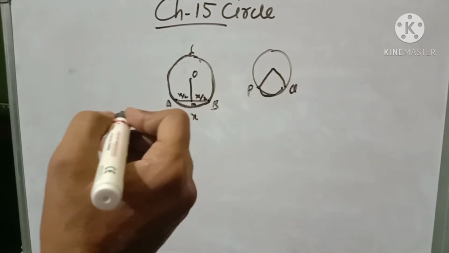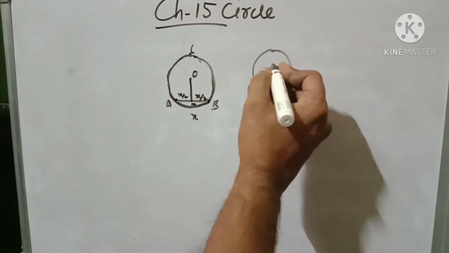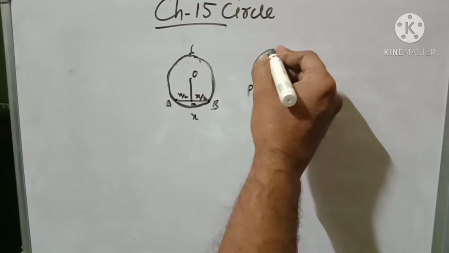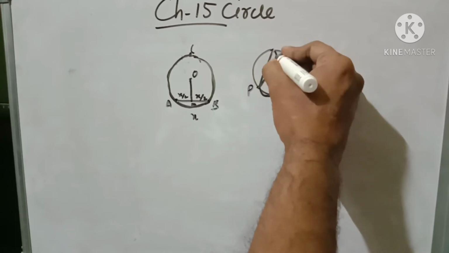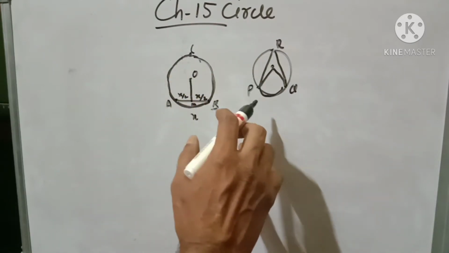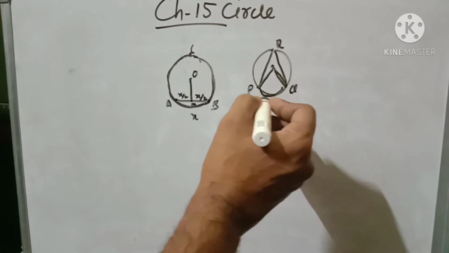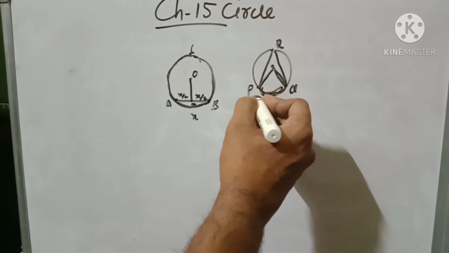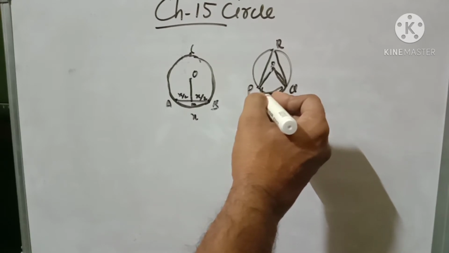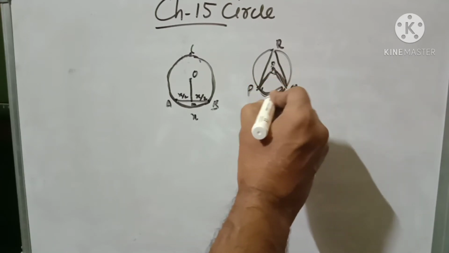The angle subtended by the two bounding radii of an arc of a circle at the center of the circle is called the angle subtended by the arc. This arc is PQ.